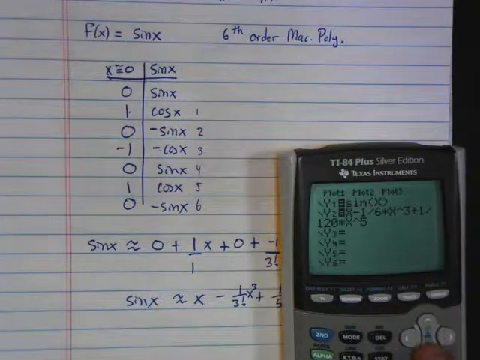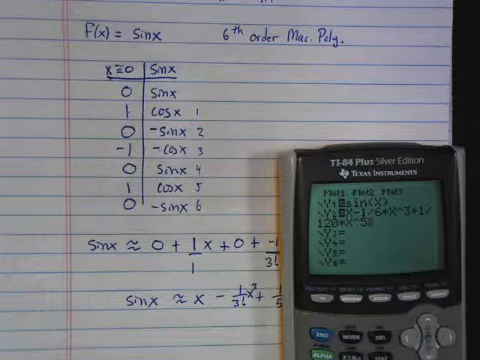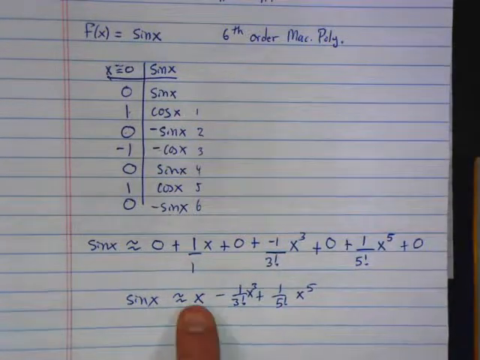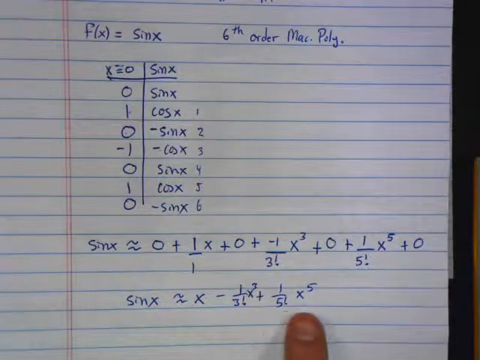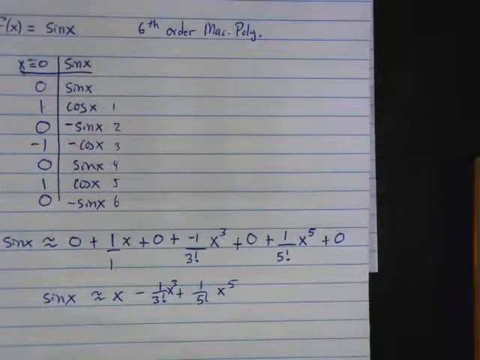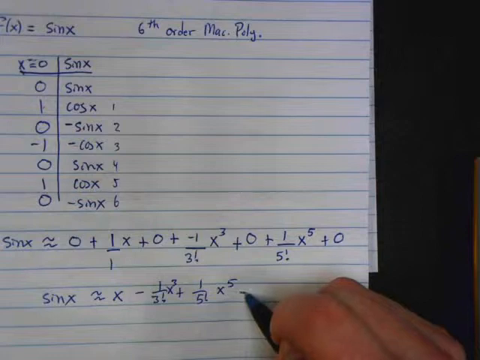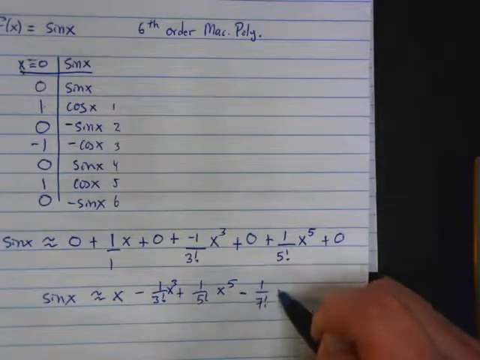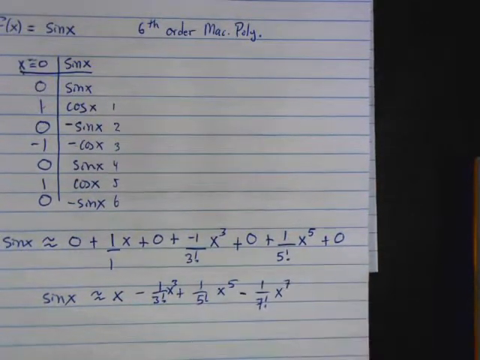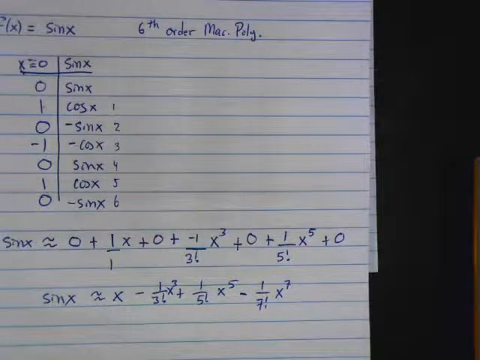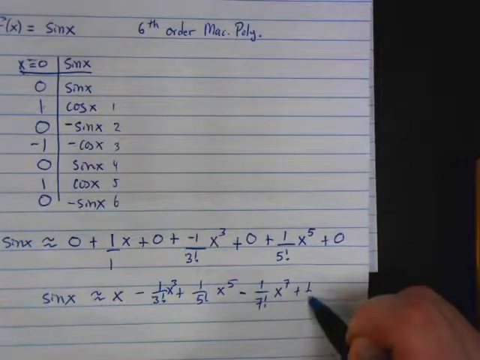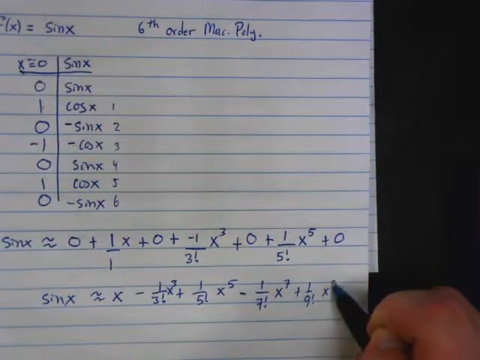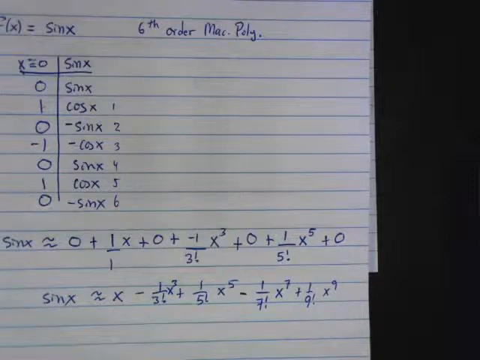How can I get it to be better? Yeah, what's the next one going to be? It would be minus 1 over 7 factorial x to the 7th. And then what's the next one? 0. And then what's the one after that? Plus 1 over 9 factorial x to the 9. So there's an obvious pattern, isn't there?